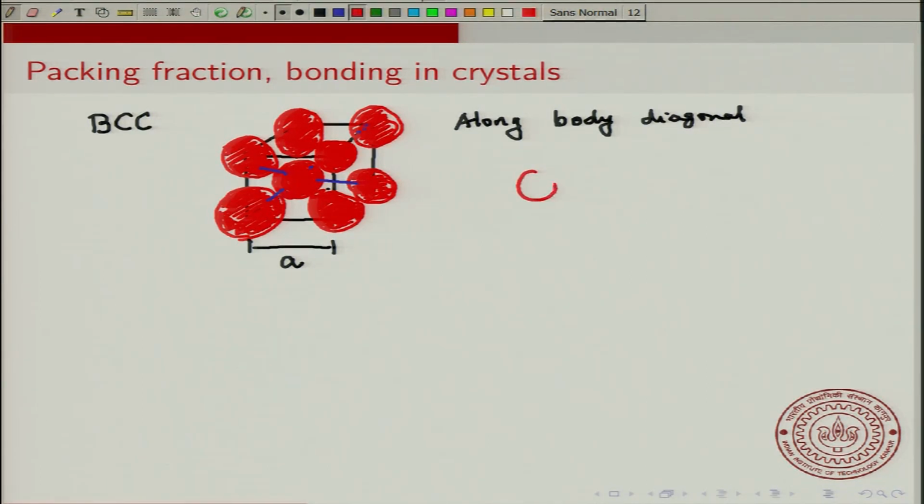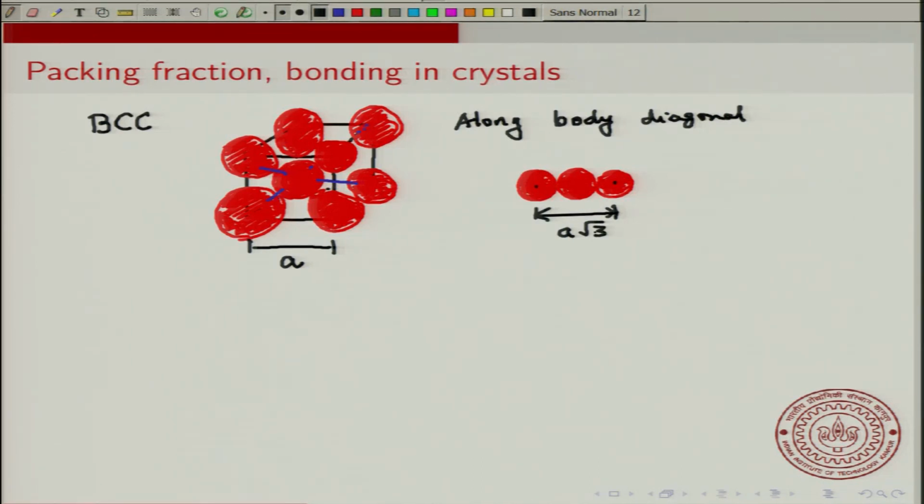So, if you take this distance a root 3, you have this corner atom, you have this one atom at the body center, and you have this other corner atom, and this distance is a root 3.